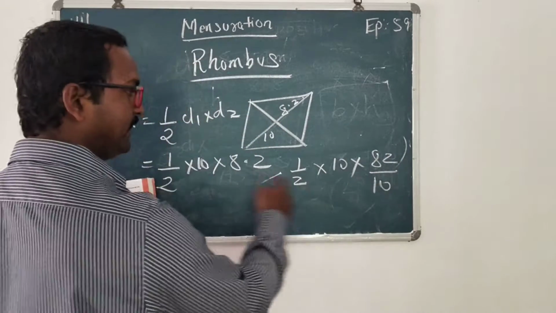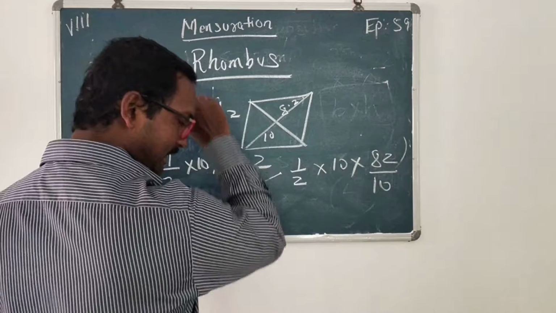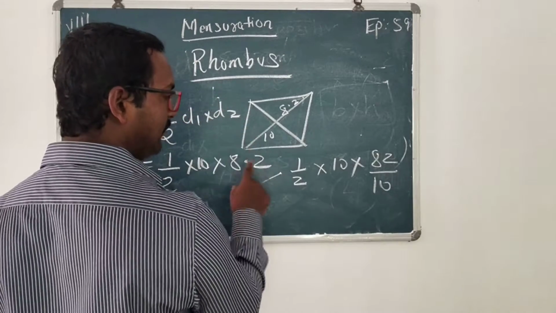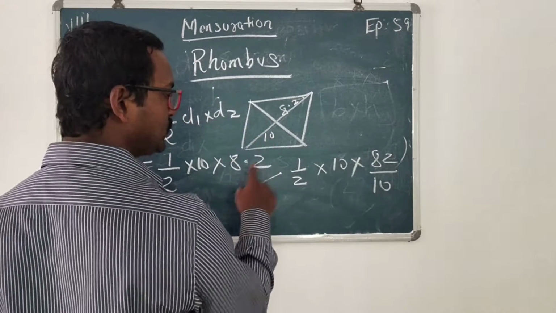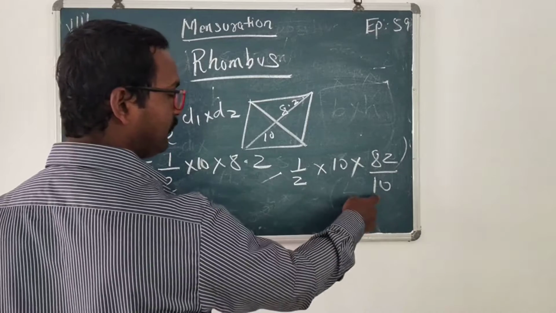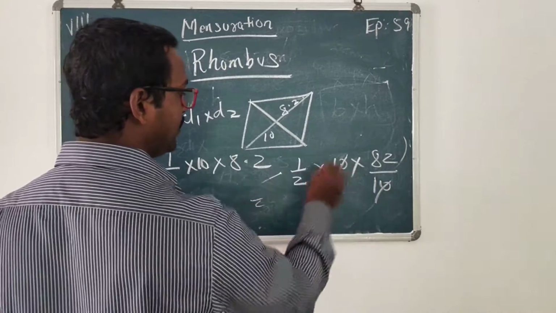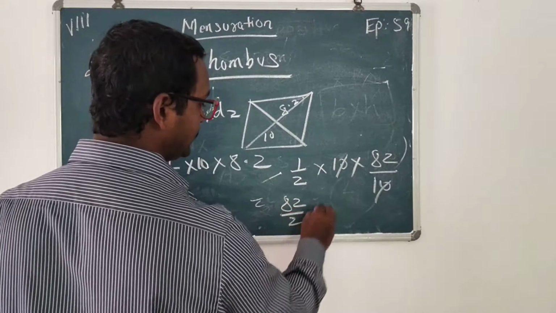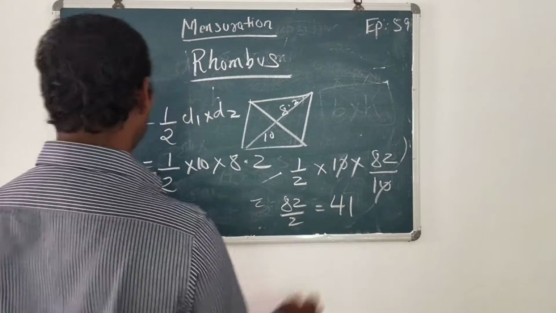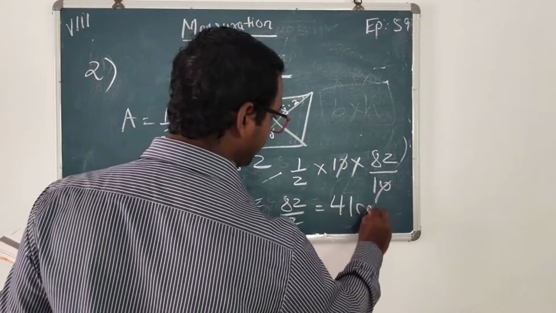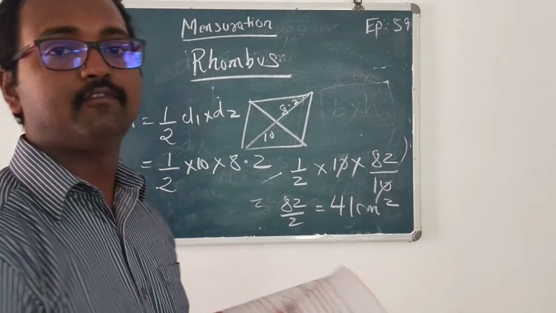This is a decimal, so we convert it into a fraction. After the decimal, one digit is there, so we bring 10 in the denominator. This 10 and this 10 cancel, and we get 82 by 2, which is equal to 41. So 41 centimeter square is the final answer.